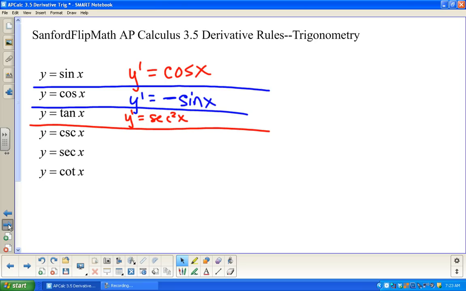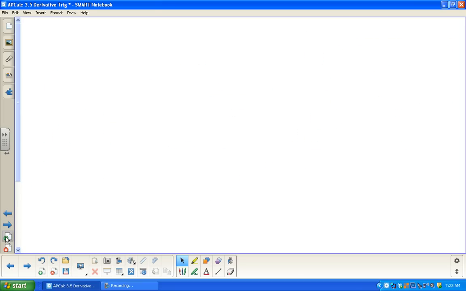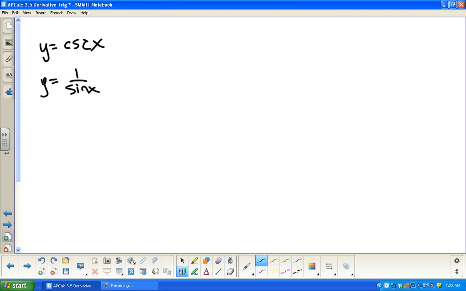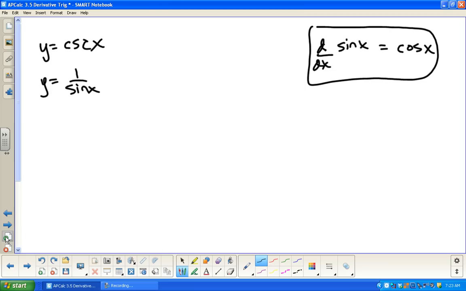Cosecant, well, that's 1 over sine. Now again, remember that the derivative of sine of x is cosine of x. So we need to remember that.